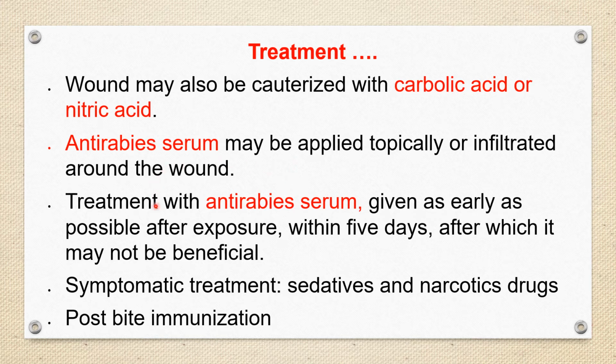Treatment with anti-rabies serum should be given as early as possible after exposure, if possible within 5 days, after which it has no beneficial effect. Once the virus has reached the central nervous system, treatment is ineffective.